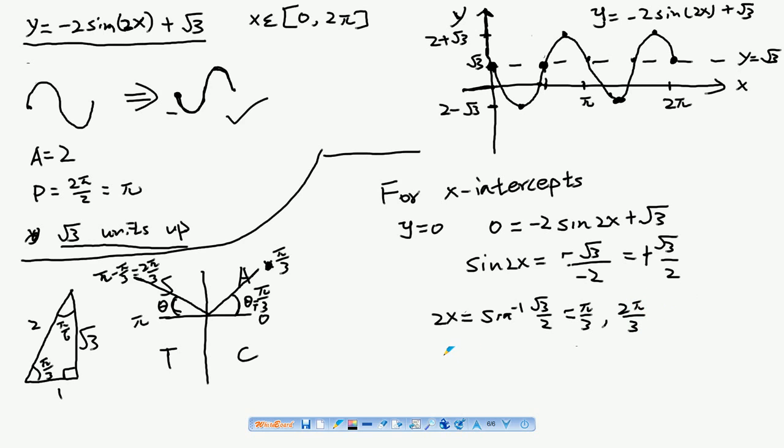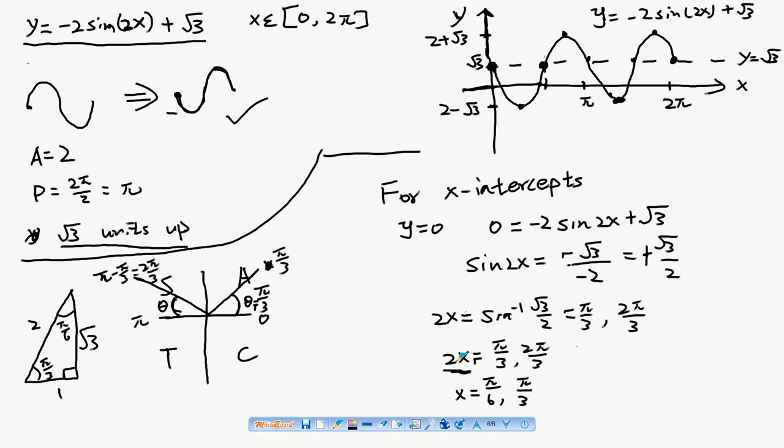Now 2x equals pi on 3 or 2 pi on 3 in one period. So x will be pi on 6 and pi on 3. We divide the values by 2 because we get rid of this 2 there.